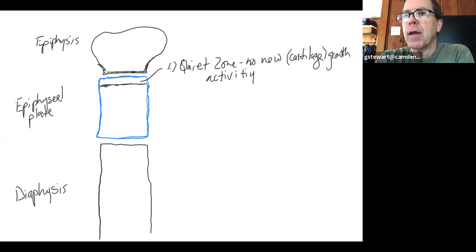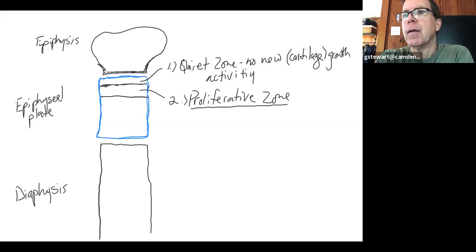But in the next zone, number 2, you know what, I can make that a little bit thicker. So in the second zone, number 2, that's the opposite. This is called the proliferative zone. And we have a high cartilage growth activity.